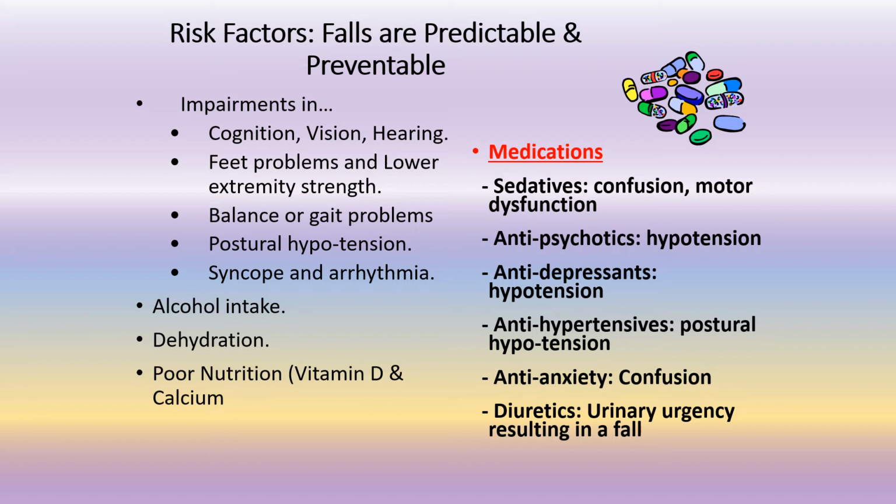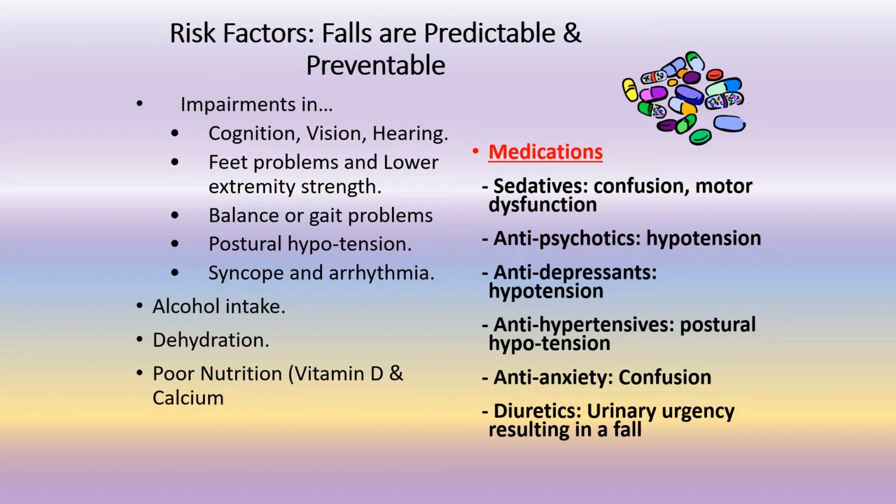In addition to the risk of alcohol intake, dehydration, and poor nutrition, such as in low vitamin D and low calcium. There are certain medications that can also increase the risk for falls. For example, sedatives can make an older adult very confused and they can have motor dysfunction. Antipsychotics can cause hypotension.